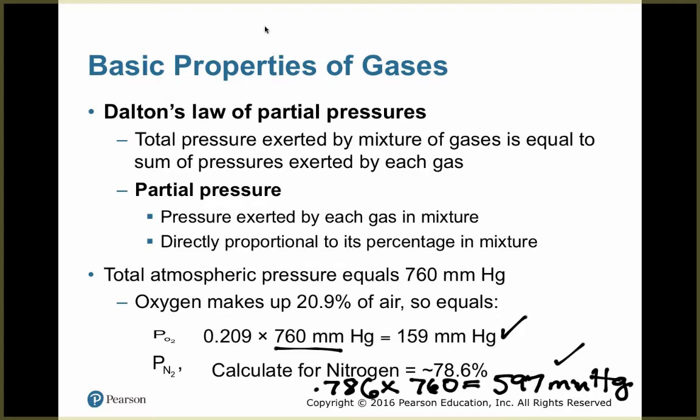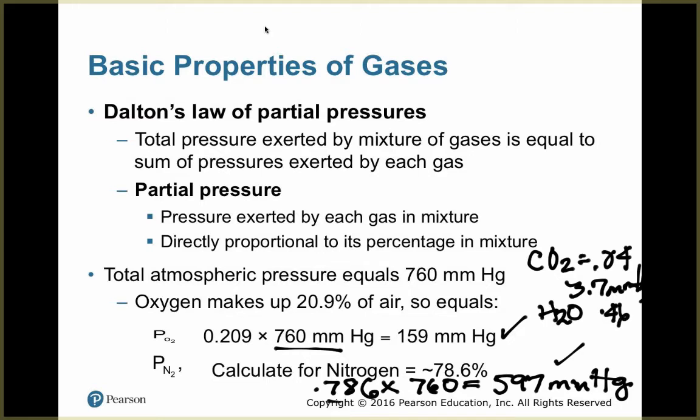Carbon dioxide is smaller. For carbon dioxide, there's something around 0.04%, which when we give partial pressure ends up being 3.7 millimeters of mercury. And then water vapor is about 0.46.